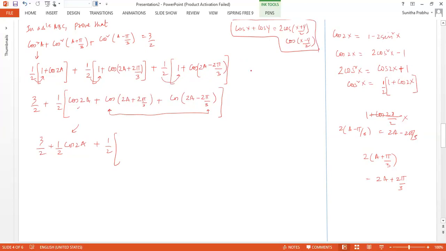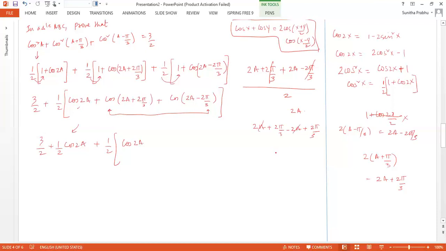Okay, so for us here, this is going to be x plus y: 2a plus 2 pi by 3 plus 2a minus 2 pi by 3, whole thing divided by 2. So 2a plus 2a is 4a, by 2 is 2a. So you have cos 2a inside. Then here it is x minus y by 2: 2a plus 2 pi by 3 minus 2a plus 2 pi by 3.